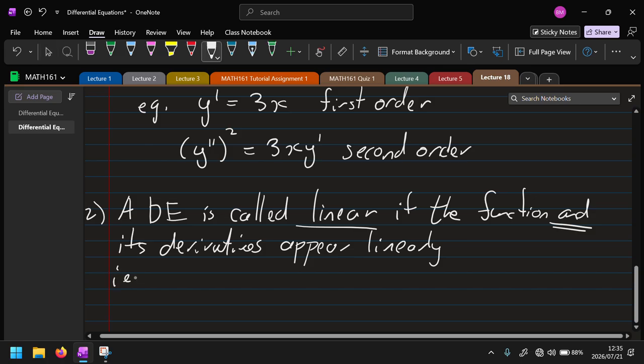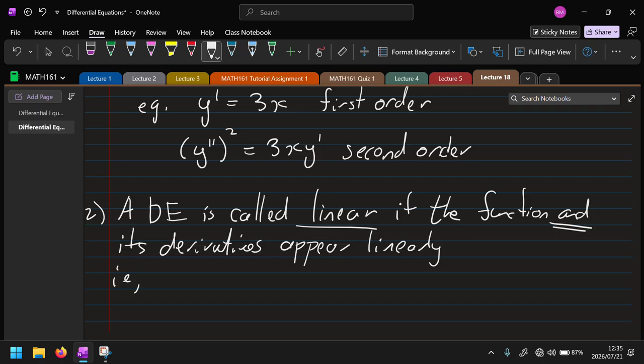So what does that mean? Well, we know things that are non-linear, right? Like a parabola, that's non-linear, cubic is non-linear, exponential is non-linear, and so on. So linear is just some function of x times y. So any function times y. But the important thing is that y must be linear.